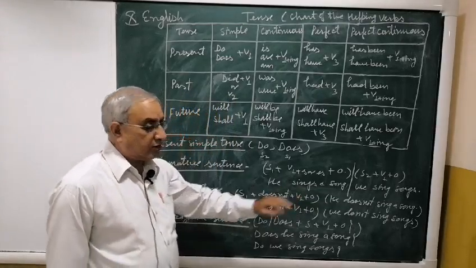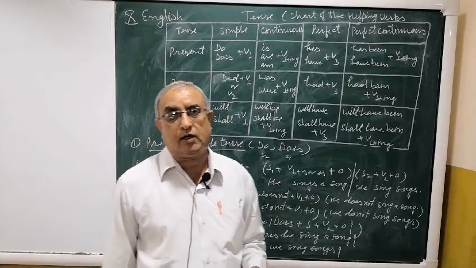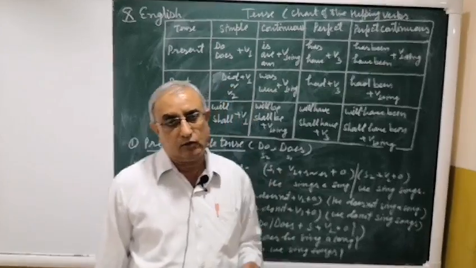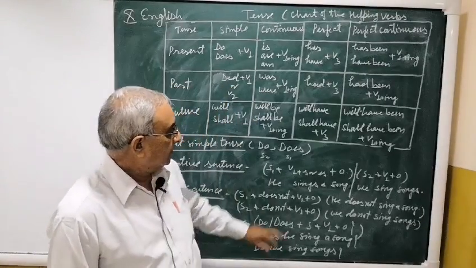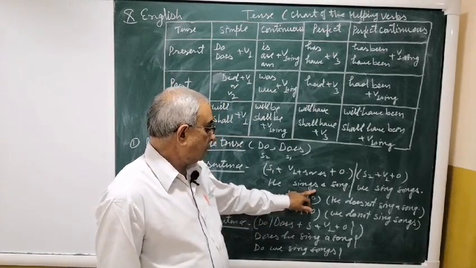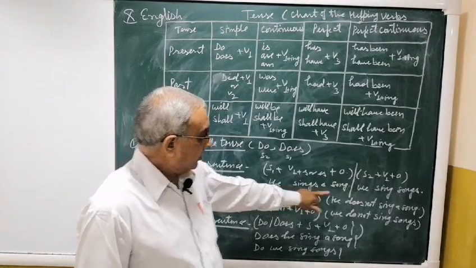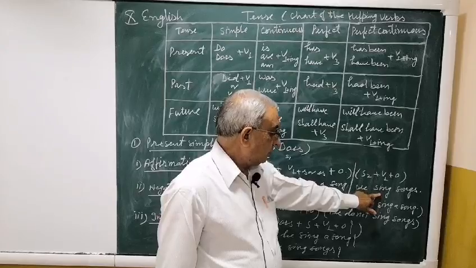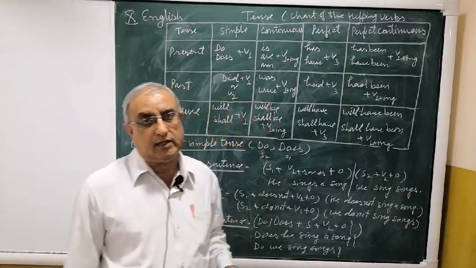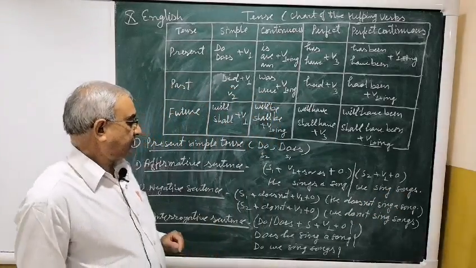When we add s or es to the first form of any verb, it is known as a singular verb. So here we have added s, so this has become a singular verb. Singular subject, singular verb, plural subject, plural verb. This is the right combination in any sentence.